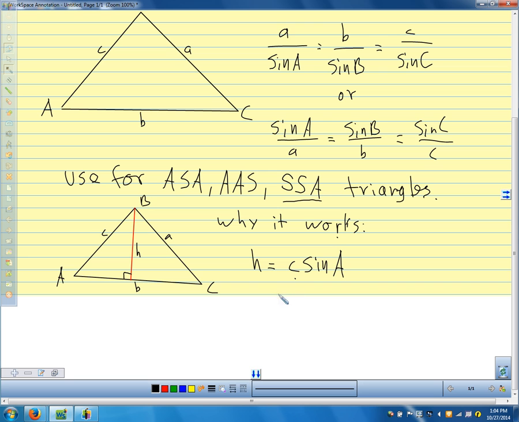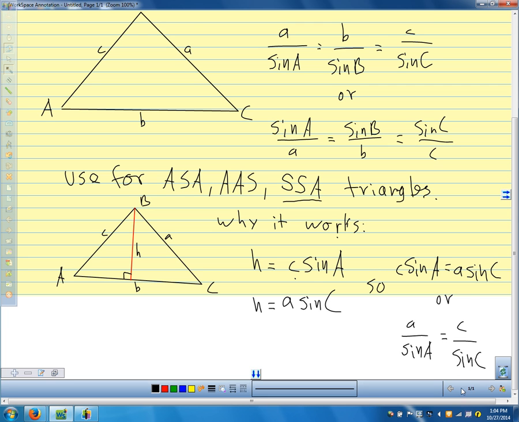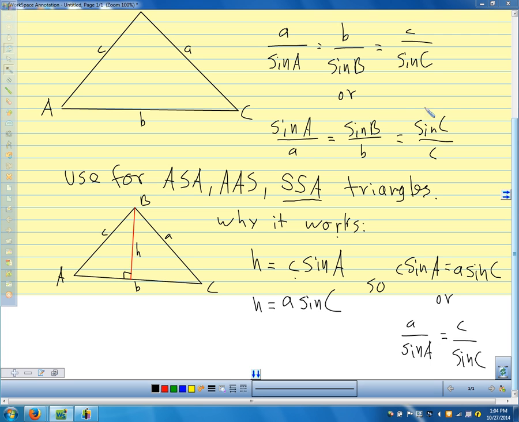So the height equals c sine A. If we look at this triangle on the right, the height equals a sine C. So c sine A equals a sine C, or a over sine A equals c over sine C. I just divide both sides by sine A and by sine C, and I get one of the equations in the law of sines: sine A over a equals sine C over c.